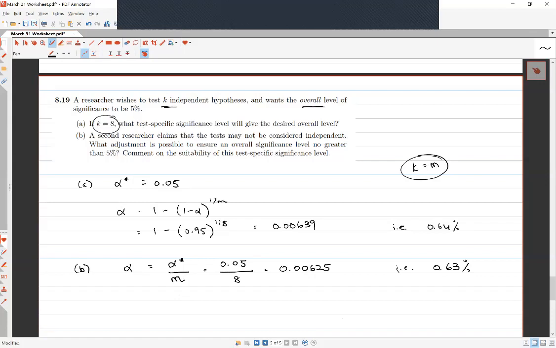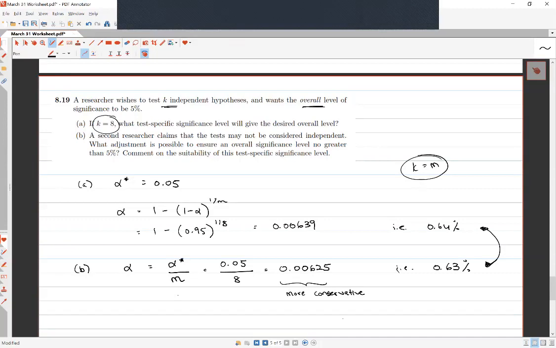So you'll notice here that the difference isn't that big. Some books make a pretty big deal about which approach you use to make an adjustment, like, can you assume independence or not? The bottom line is, when you cannot assume independence, this is the more conservative approach, because it guarantees that you'll have an alpha star of no greater than 5%.